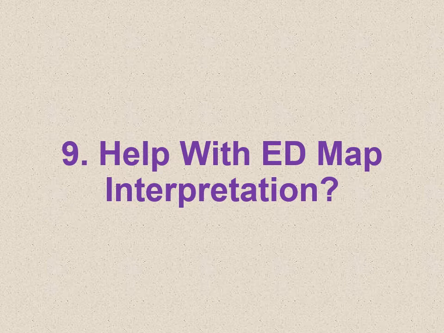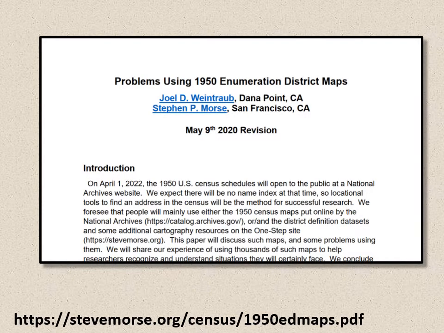Help with ED map interpretation. These maps do not look like a typical gas station or service station map. We have written an article on the use of 1950 ED maps. You should take a look at it. It's on the website, and the link is also on the handout.